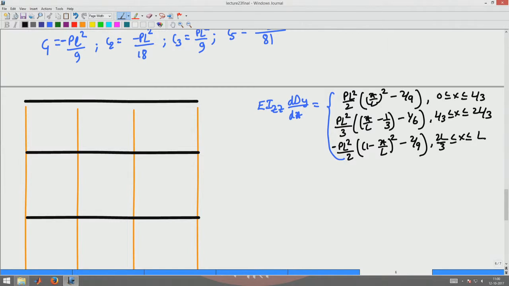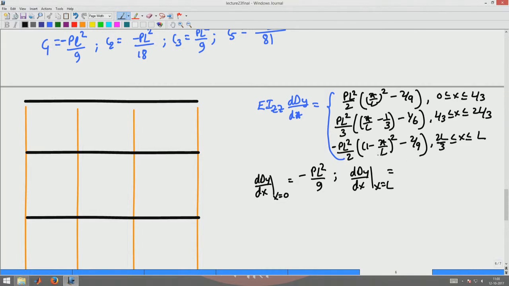Okay. Now, let us find the specific values of this slope. d delta y by dx at x equal to 0 would be minus PL square by 9, and d delta y by dx at x equal to L, these are the slopes of the supports.